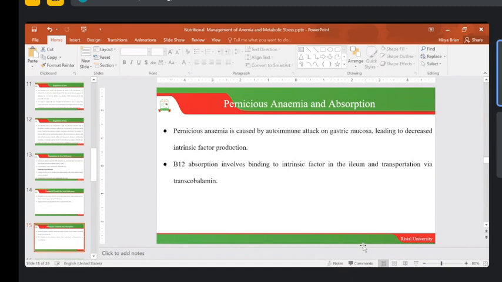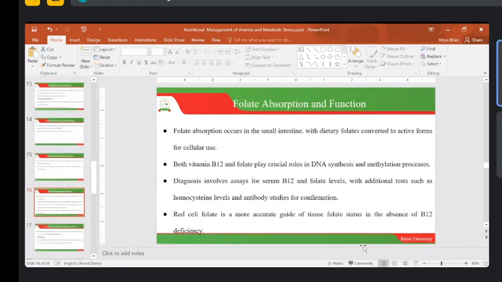And also B12 absorption involves binding to the intrinsic factor in the ileum and also transportation via transcobalamin, etc. For folate absorption and function, you know that we tend to prescribe folic acid for pregnant mothers and also those who are preparing for conception. It is only in Africa here that people get pregnant by mistake.